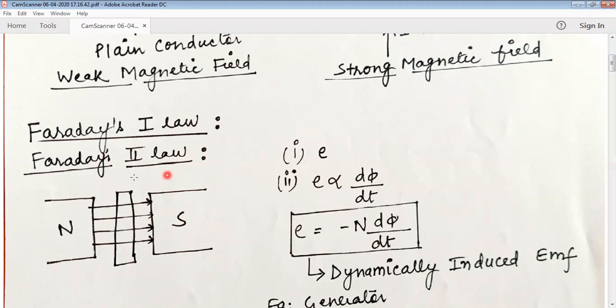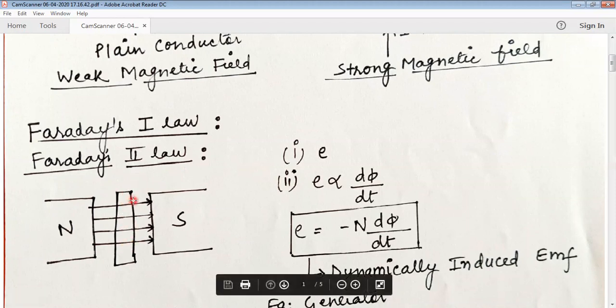Let's see Faraday's law. One conductor is placed between two magnetic poles. Let's say this magnet is the north pole and this magnet is behaving as a south pole. Between the two poles, one conductor is placed, and this is a rotating conductor.